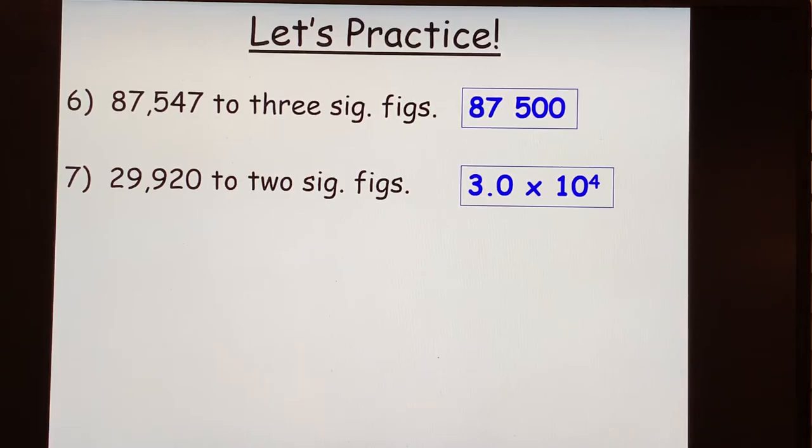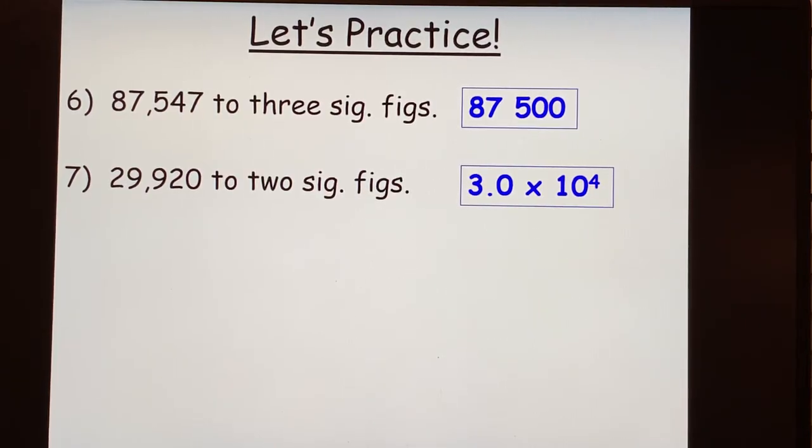But 30,000 in this case is not 2 significant figures, is it? 30,000 is 1 significant figure. So we have to put it in scientific notation this time to make this answer work, because 3.0 is 2 significant figures.